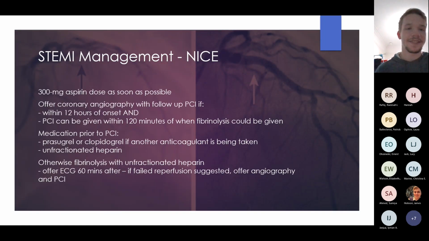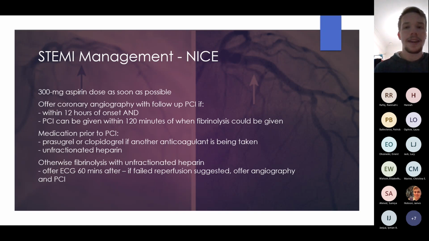So going over the NICE guidelines, if you suspect someone has a STEMI, they suggest giving 300 milligrams, a big dose of aspirin, as soon as possible.